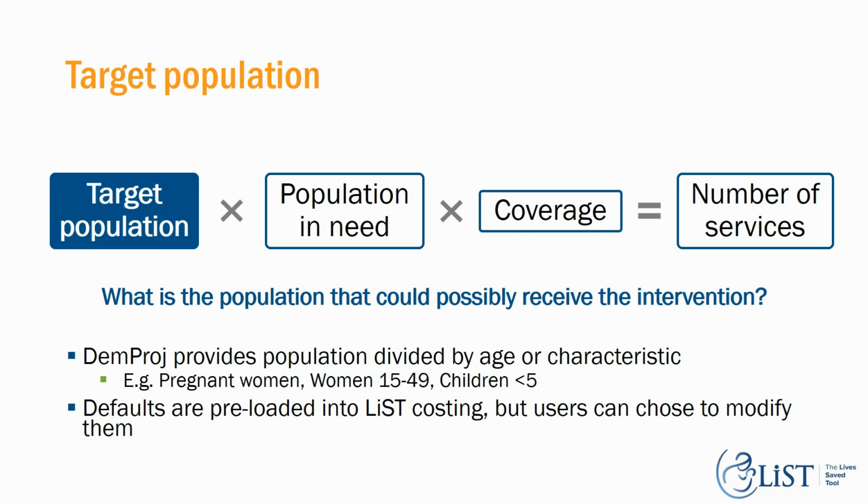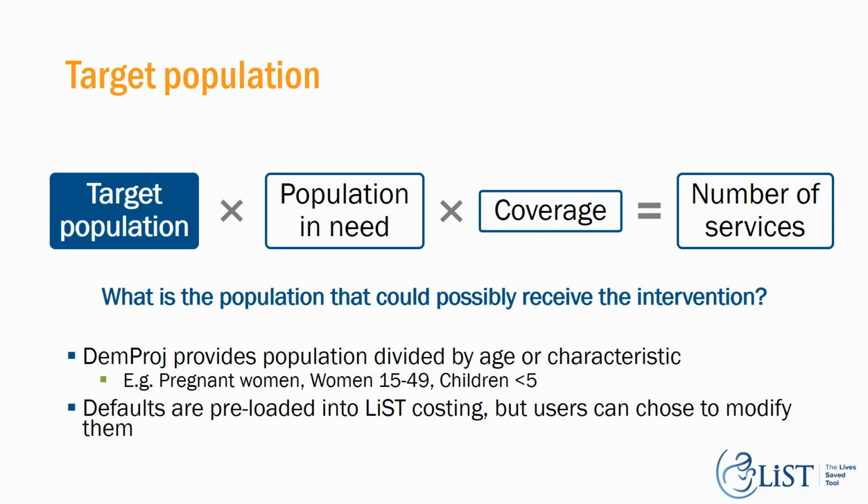et cetera, et cetera. So having the population, not all of the population could possibly receive the intervention. So DEMPROJ will give us specifically the target population that we have for that intervention.